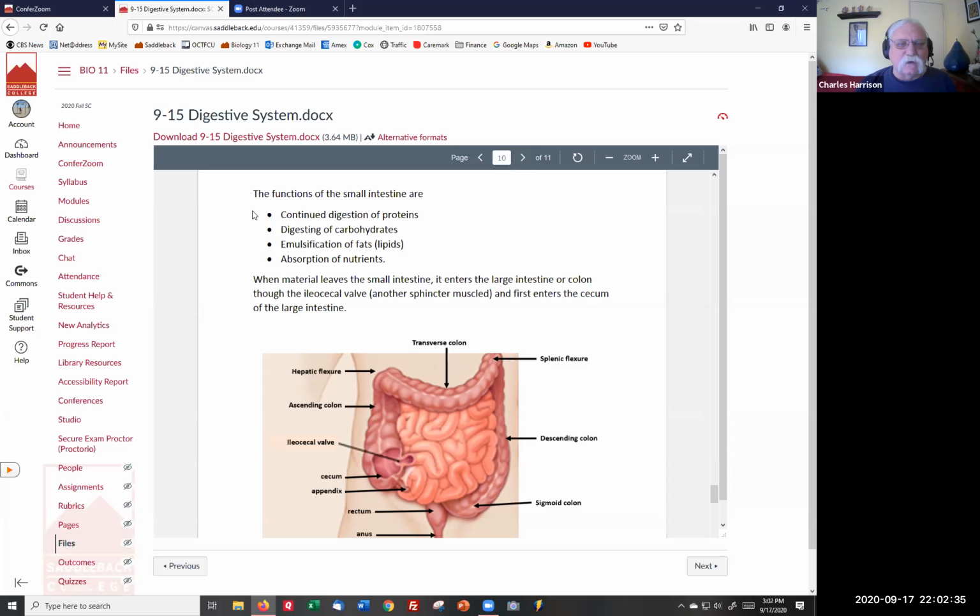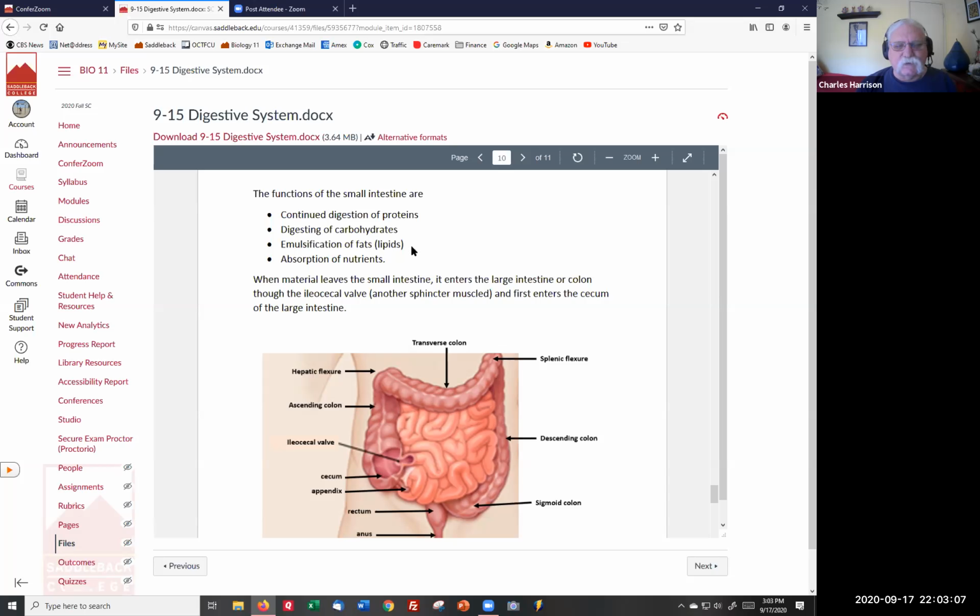Now the first part of the small intestine was the duodenum. The second portion is the jejunum, and the third portion is the ileum. And they all have the same function. Functions of the small intestine are continued digestion of proteins, digestion of carbohydrates, and emulsification of fat.